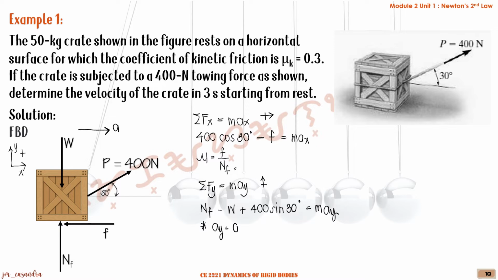From here, we could now simplify our equation. We know that weight is equal to mass times g. We're given the mass of 50, and g is 9.81. So N is equal to, this side becomes 0, so transposing, the weight is now 490.5 minus 400 sine of 30, which will give us 200.